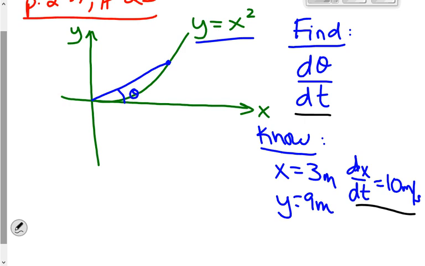Is there a simpler way that I can relate theta and x? Yeah.